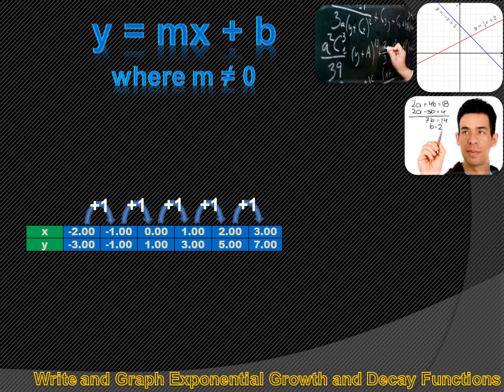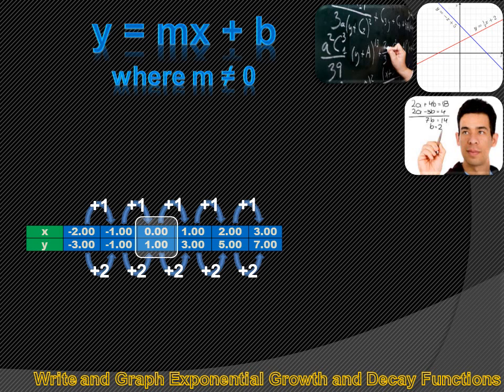I'd first figure out what my rate of change, what my slope was, what m was. And I'd see that for each increase of 1 in x, I had an increase of 2 in y. So I know that my slope is the rise over run, or changes in y over changes in x. So it's 2 over 1, or a slope of 2.